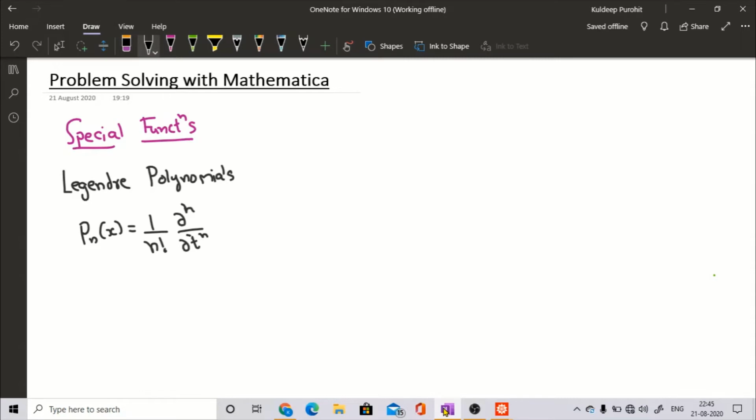So this is the nth order derivative with respect to t of 1 upon under root of 1 plus t square minus 2ut, all evaluated at t is equal to 0. This is known as the Rodrigues formula.